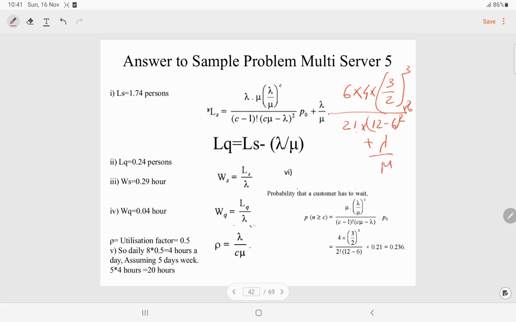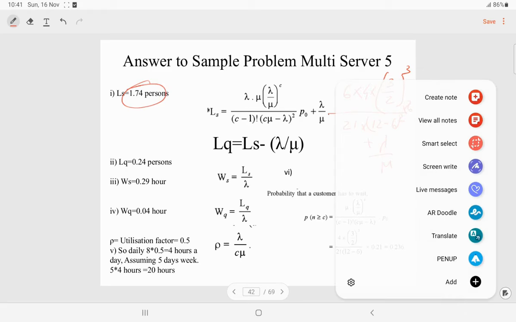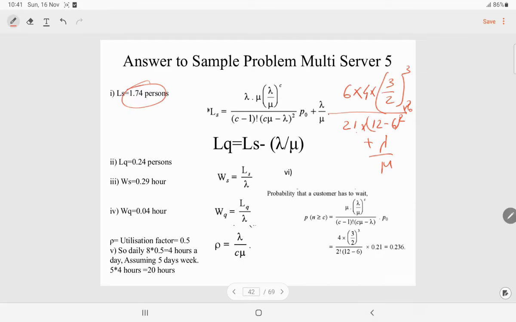Solving that will give you the value as 1.74 persons, because length of system is number of persons. Once LS is ready, we can easily calculate LQ. How? LQ is equal to LS minus lambda by mu, that is 1.74 minus lambda by mu, which is 3 by 2, 1.5, that is 0.24 persons.